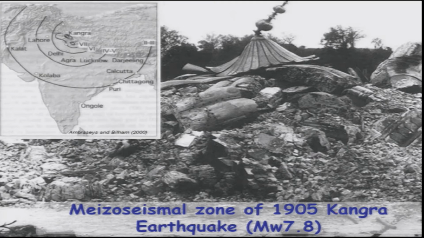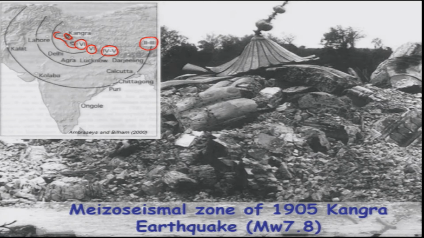If you look carefully, all these lines have some numbers given here in Roman numerals. Okay, so you have this one here, and this corresponds to this one here. And then you have higher intensity at Kangra. Okay, and then it goes to 6, then it reduces to 4 to 5, and then further reduces to 2 to 3.